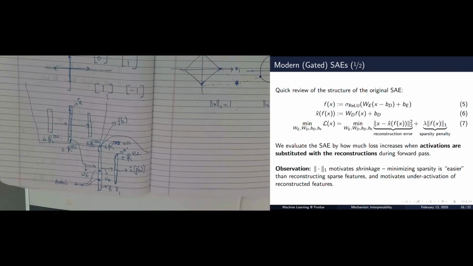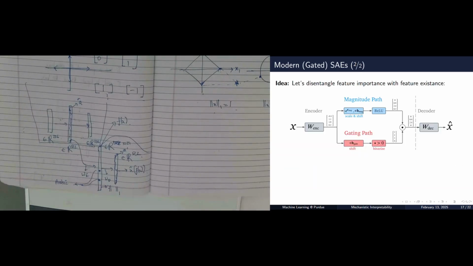And they fix this by creating a gating path within this sparse autoencoder.